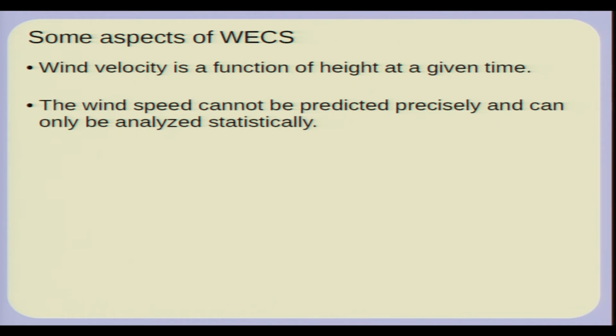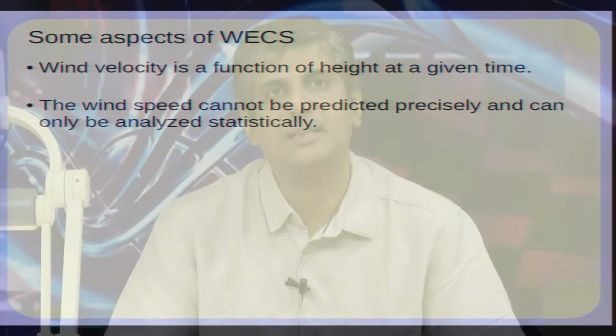Now, remember a few important points: wind velocity is a function of height, and it varies with time. One can intuitively guess that power in the wind is going to be related to the wind speed, and the wind speed unfortunately cannot be predicted precisely, but we can analyze it statistically.